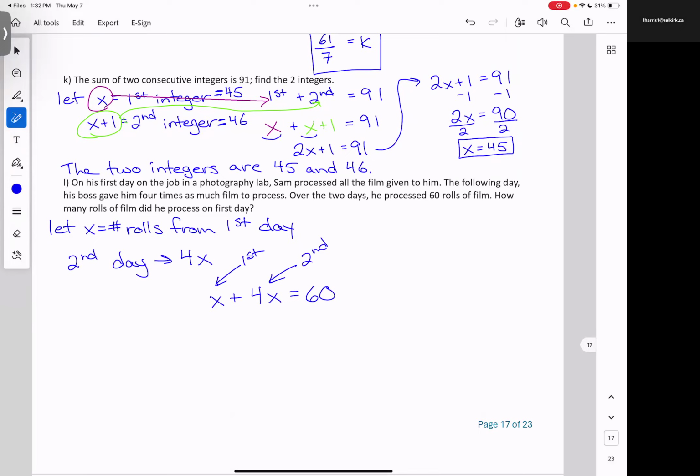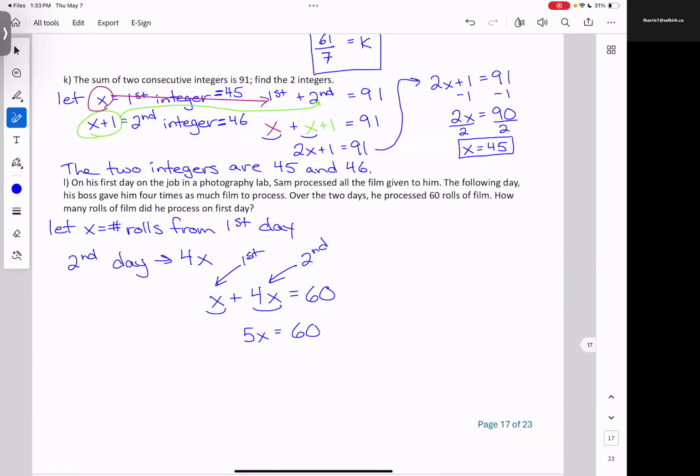And so we're going to first distribute to remove any brackets. Here there are none. Step 2, we want to combine our like terms. Here we have 2 like terms on the left. We can combine those to get 5x. Okay, and now we're going to gather our x's on one side and everything else on the other. That's already been done for us, so step 3 is already done.